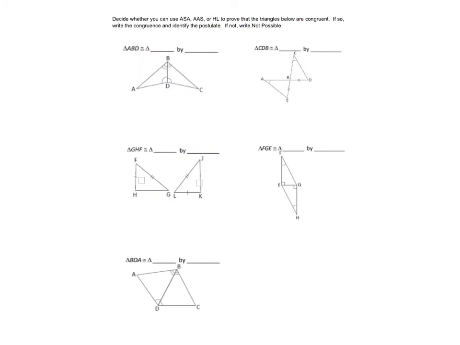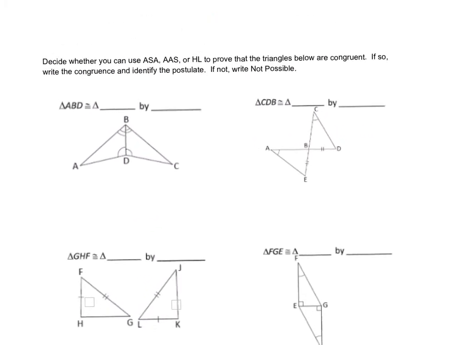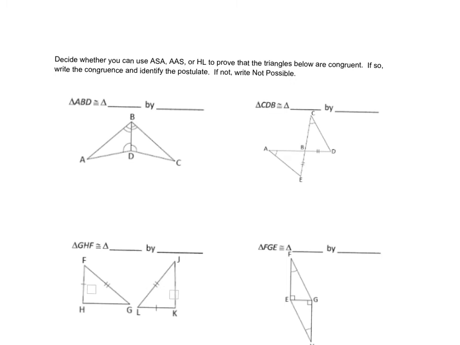All right, for these next ones, we're going to decide whether we can use angle-side-angle, angle-angle-side, or hypotenuse leg to prove that the triangles are congruent. If so, we'll write the congruence and identify the postulate. If not, we're going to write not possible or NP. So, this first one, we have triangle ABD.